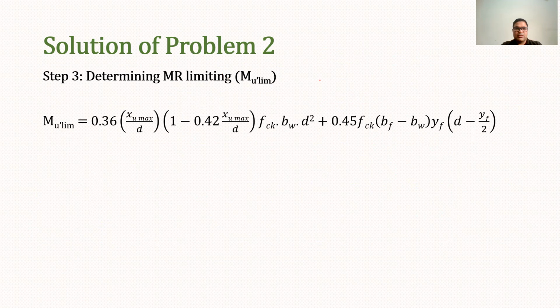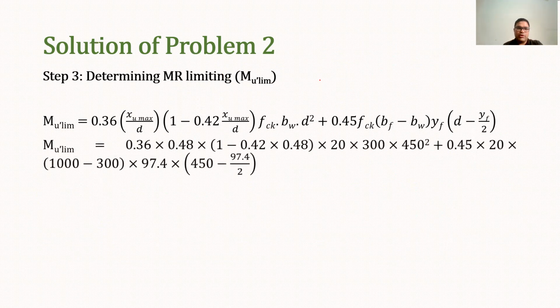Now putting all the values here, XUmax by D can be found from page 70 of IS code. You can refer to page 70 to find the value of XUmax by D for Fe415 steel, and the value is 0.48. Similarly here also 0.48.